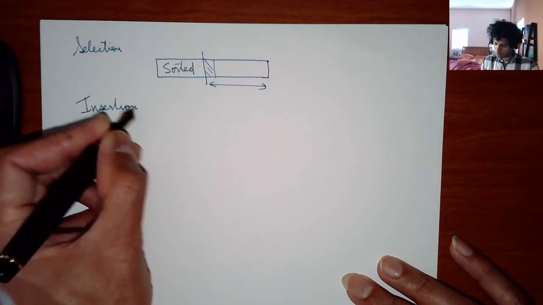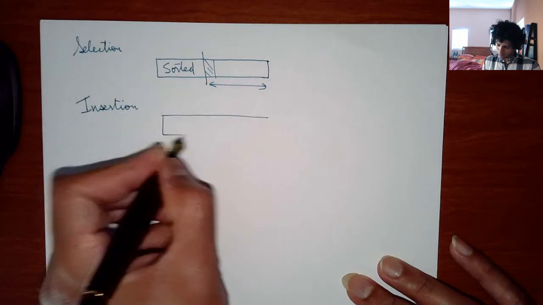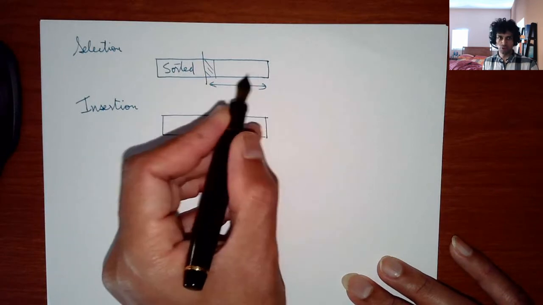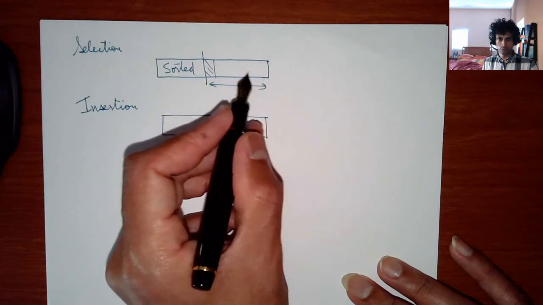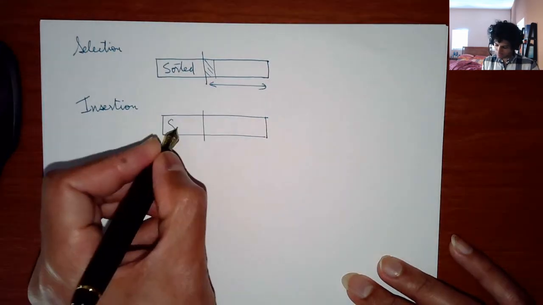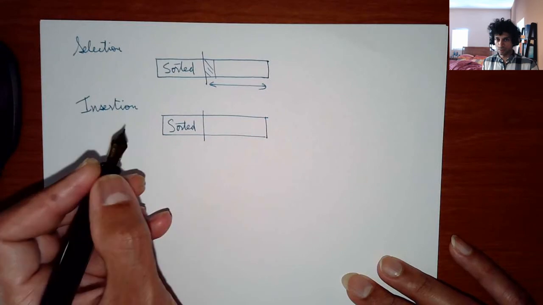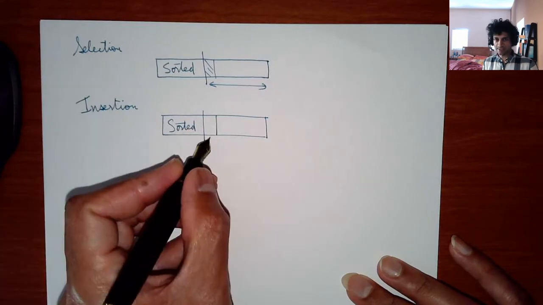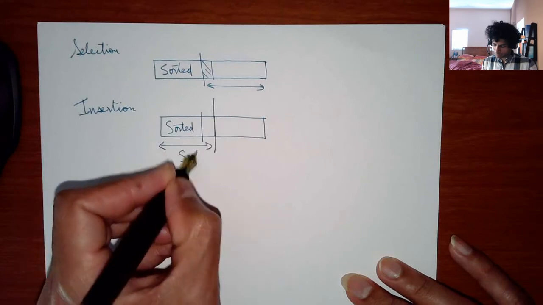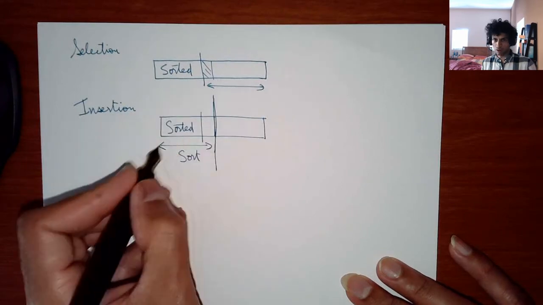Insertion sort says, now the problem with selection sort is that it keeps going over this portion over and over again. What insertion sort does is say, well, this part is sorted. Let's just look at the next element and sort everything on this side.